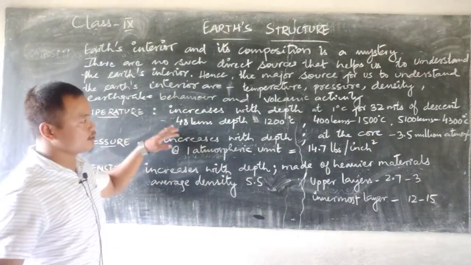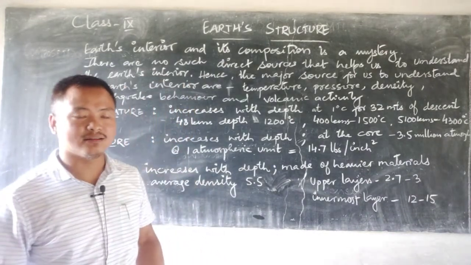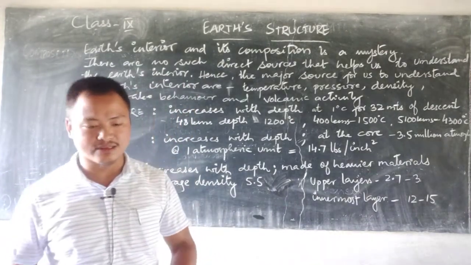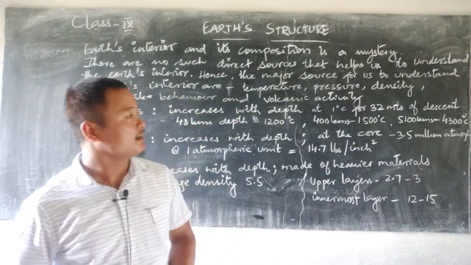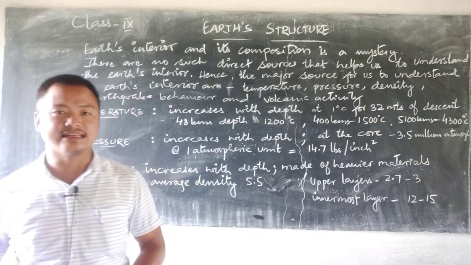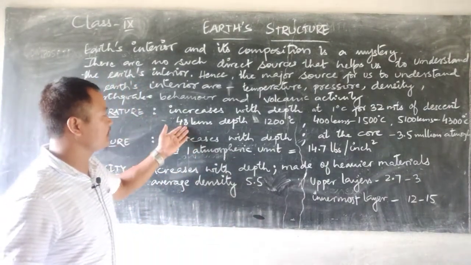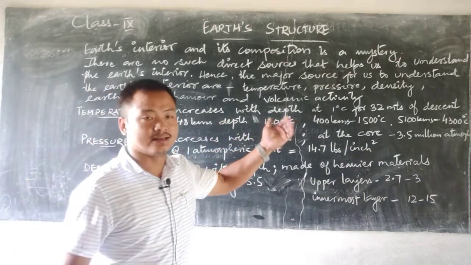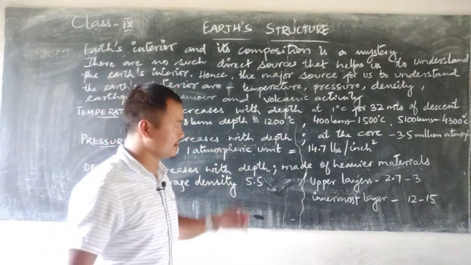The temperature increases at the rate of 1 degree centigrade for every 32 meters of descent. That means as we go deep inside the Earth's surface, for every 32 meters, the temperature increases by 1 degree centigrade. With this rate of increase, at 48 kilometers depth, that is within the crust, the temperature is somewhere around 1200 degrees centigrade.